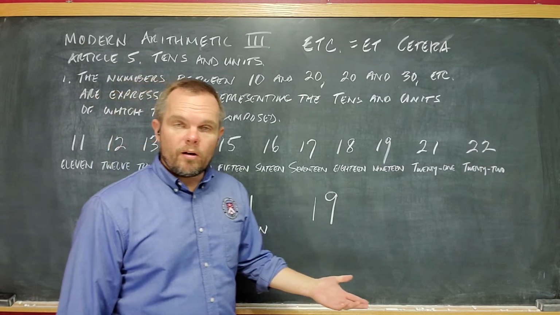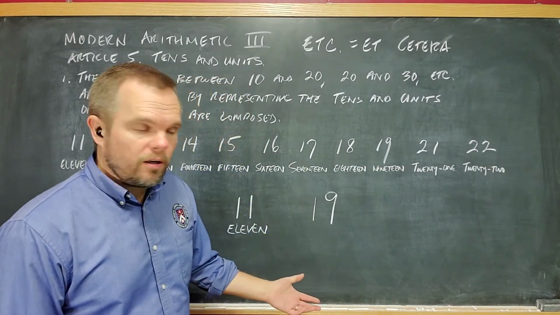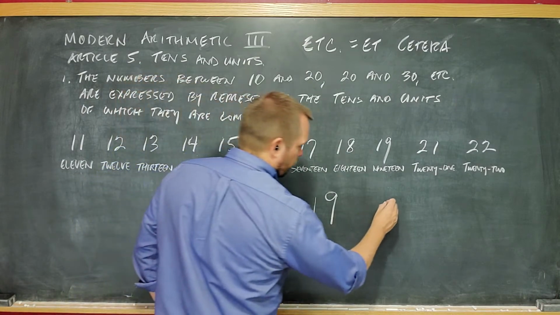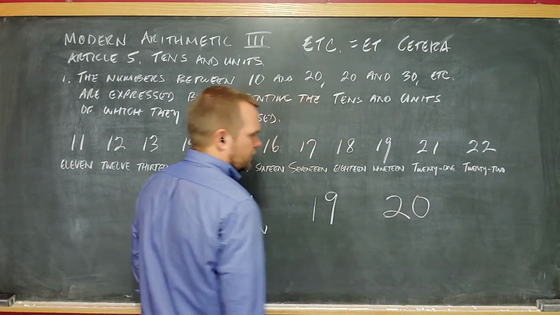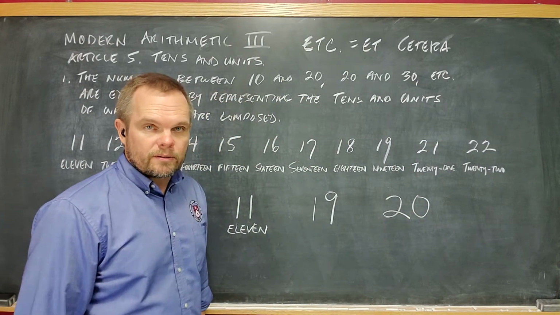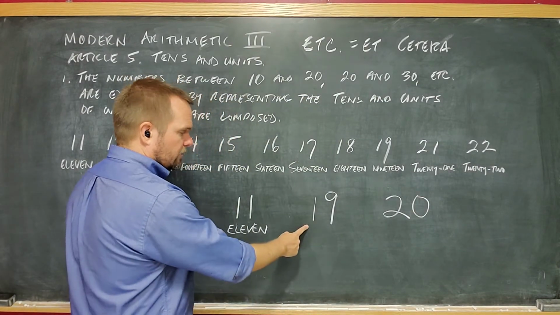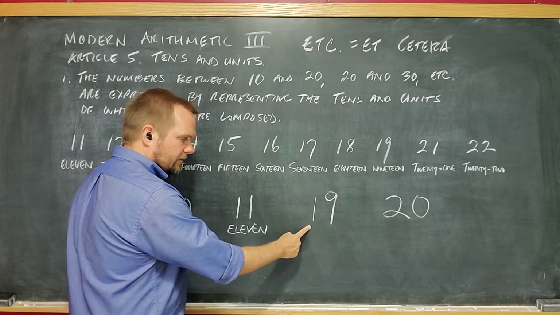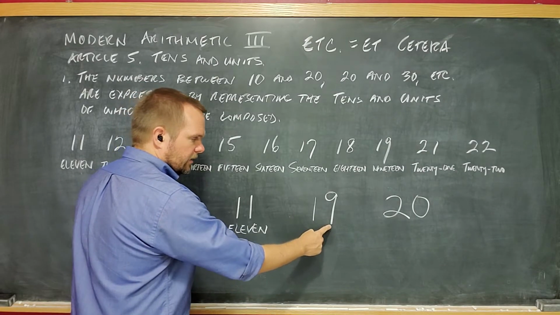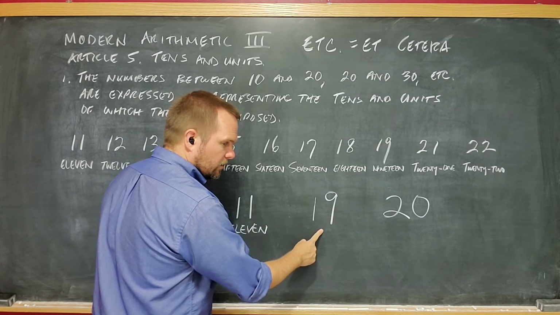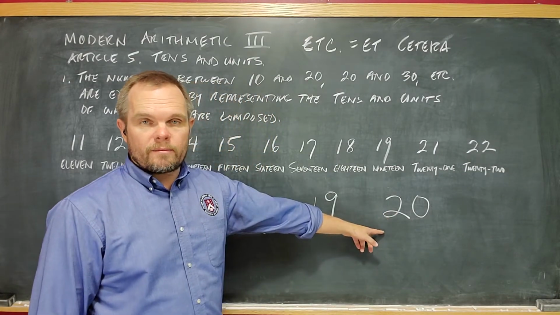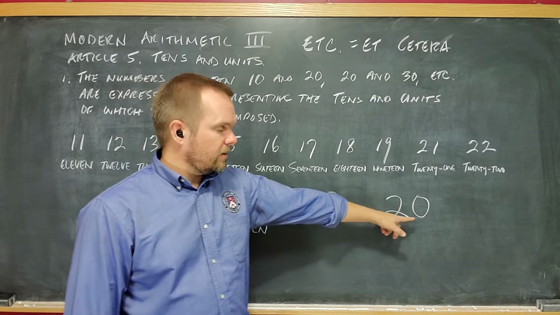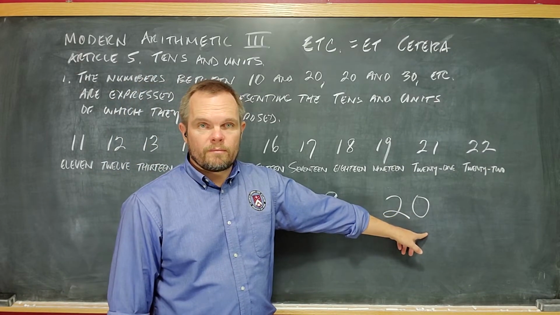Well, we already know, because in Article 4, we learned that the number 20 is written with 2 tens and 0 units. So the number 19 has 1 ten and 9 units. If we add one more, we have 2 tens. The number 20, 2 tens and 0 units.